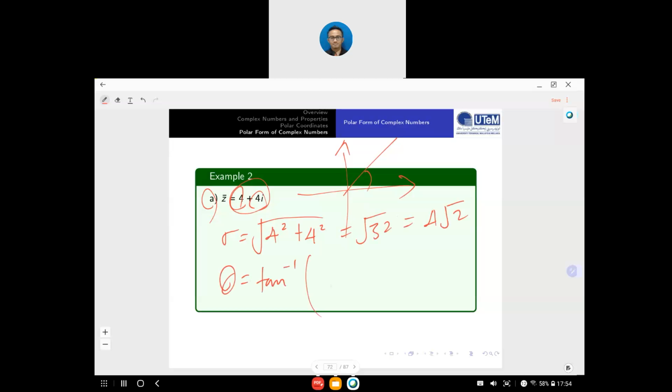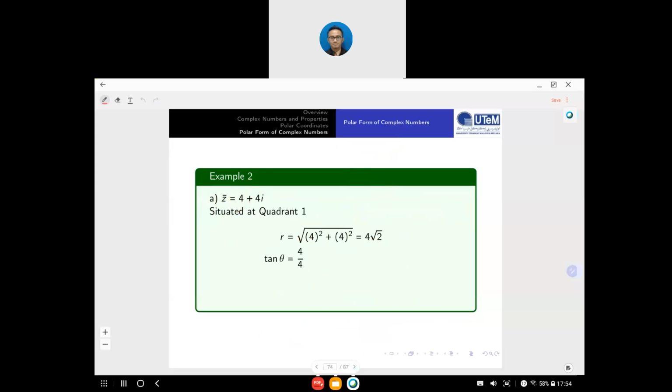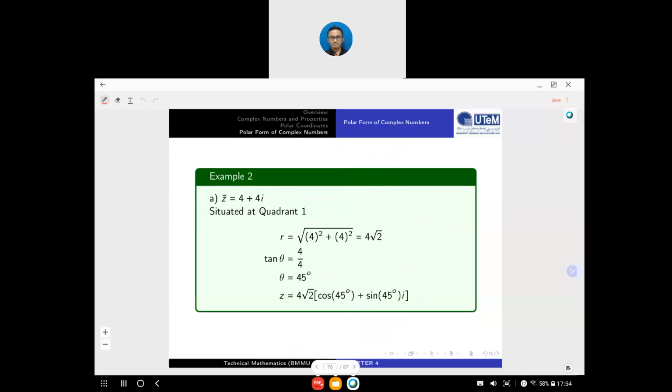Polar form of complex number. So how to find the polar form of a complex number? If you have a complex number z equal to a plus bi, it can also be represented by its distance r and angle theta, as I already mentioned before.